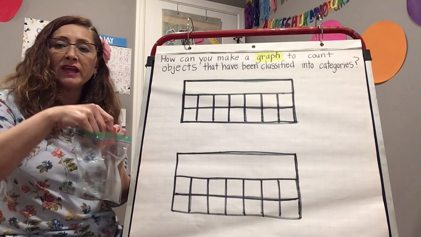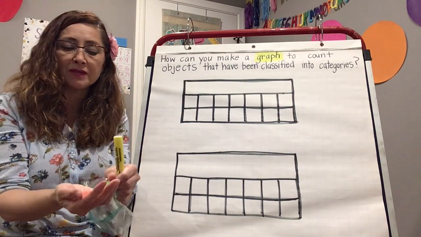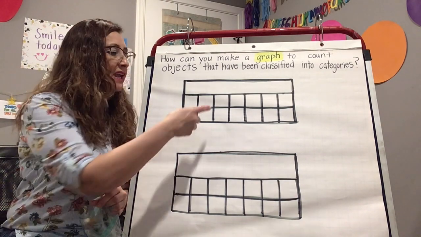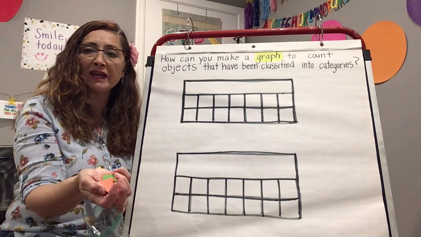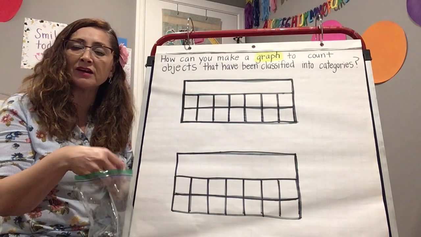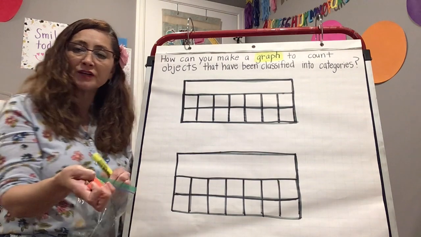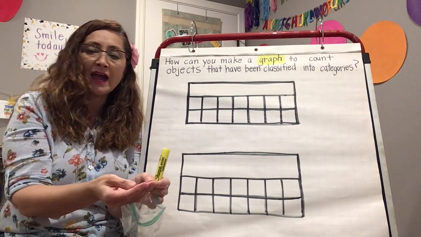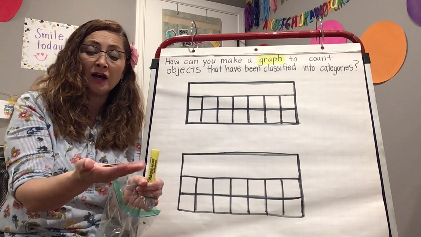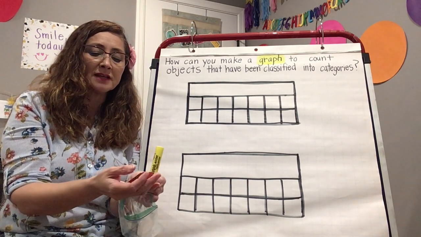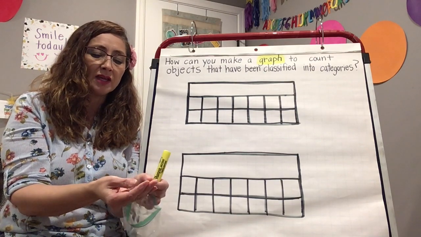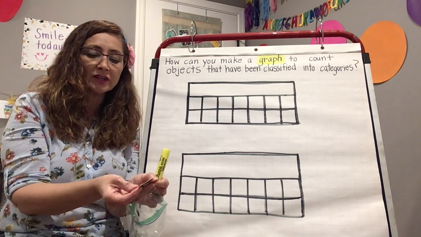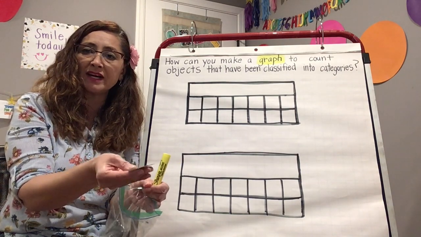All right, so in my bag, I have some cubes. Now, what I want to do is make a graph to show the information of what I have here inside my bag. So the first thing I have to do is think, well, I have some cubes in here, and maybe the first thing I need to do is sort them so I can see what it is that I have.